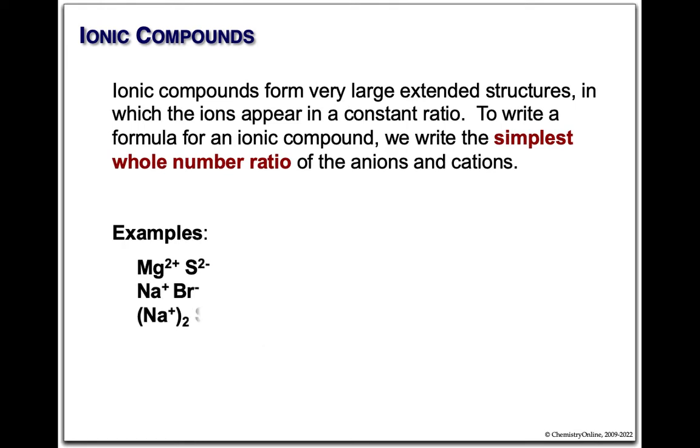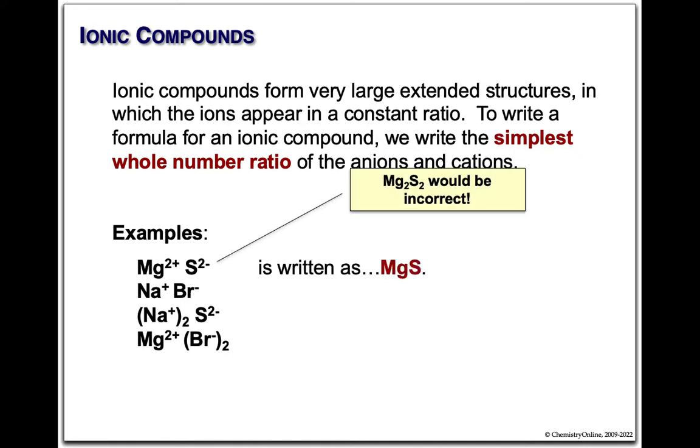When you write the structure, the rule is very simple. We're going to do the simplest, the lowest whole number ratio of the atoms. So if we have magnesium and sulfur, +2, -2, we would write this simply as MgS. If we wrote it Mg2S2, that's wrong.